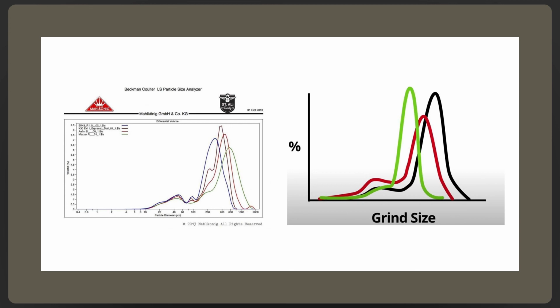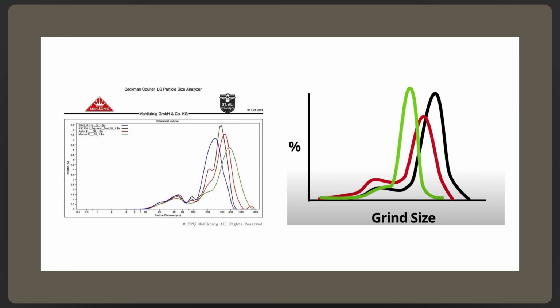And why that peak happens in the fines is that the coffee is being crushed, and sometimes when it gets crushed, it explodes, and that explosion causes there to be some fine grind. So even though we've got the setting at a certain distance, and we'd like it all to be in this one range, the crushing process itself breaks it into smaller bits, and those fines make a little distribution of their own.